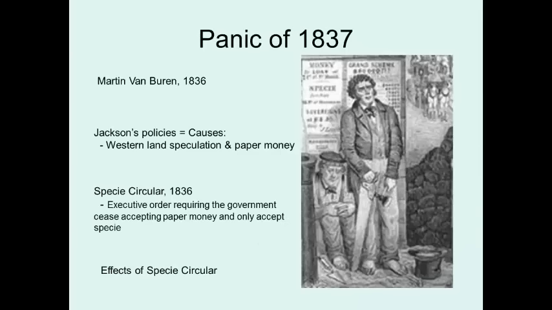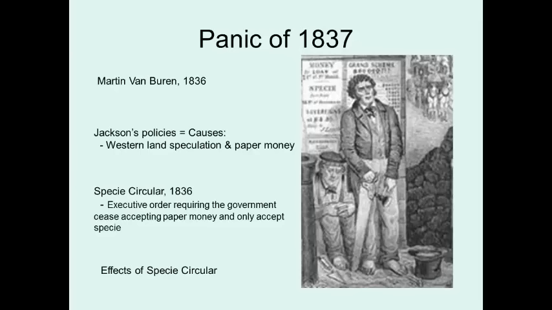So the final big issue that goes on in Andrew Jackson's presidency is, well, not really presidency, but kind of set up by Andrew Jackson's presidency and left to his successor, is the Panic of 1837. So Jackson leaves office in 1836. He's done being president then.